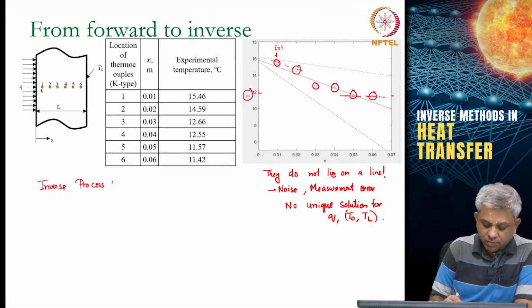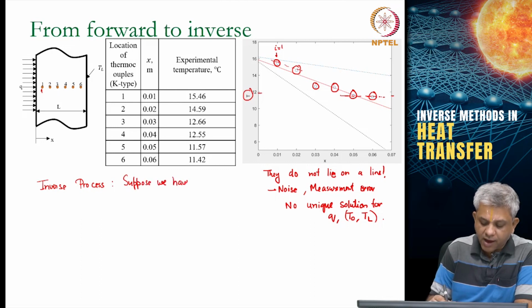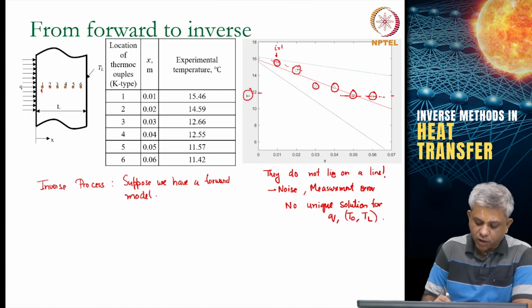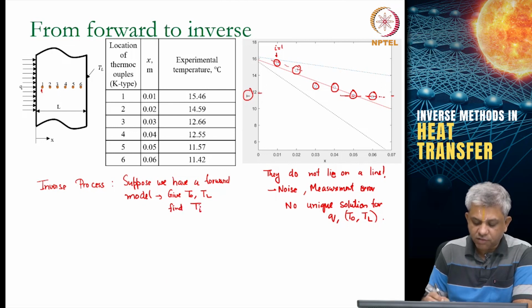Now this supposes that we have what I am going to call a forward model. What is the forward model? The forward model says, if you give me T0 and TL, I can find Ti for you.